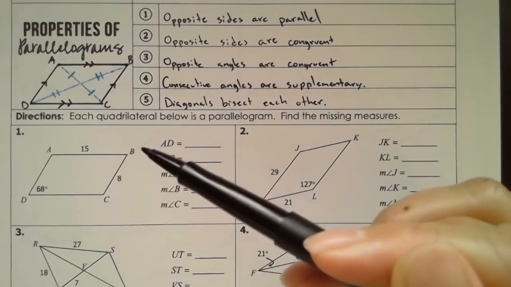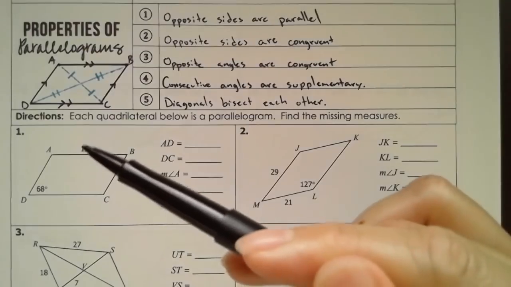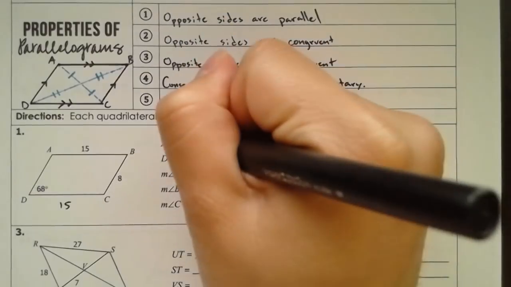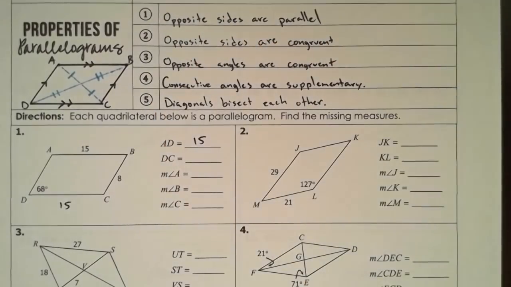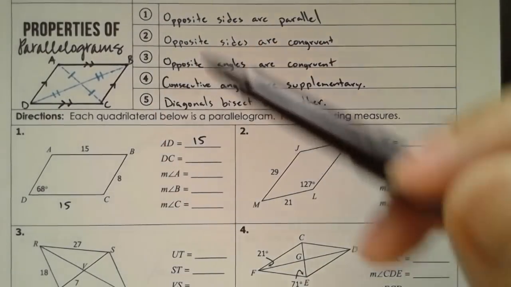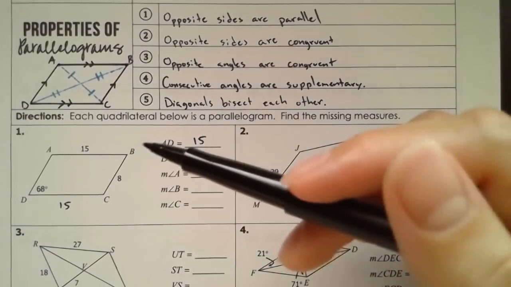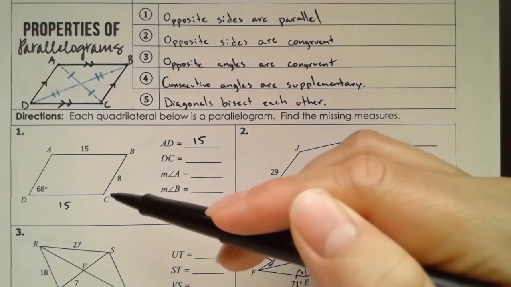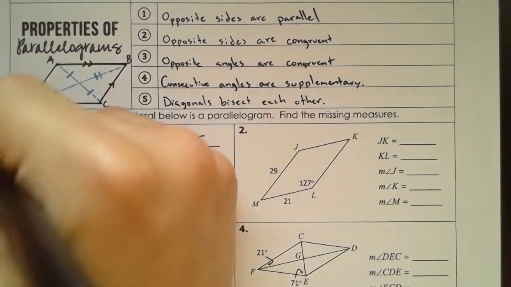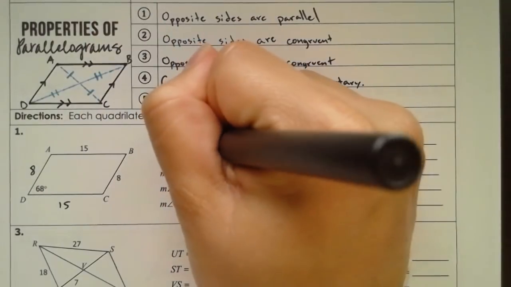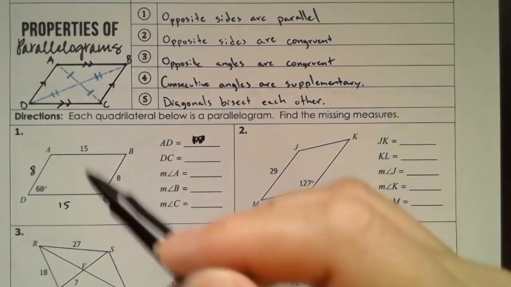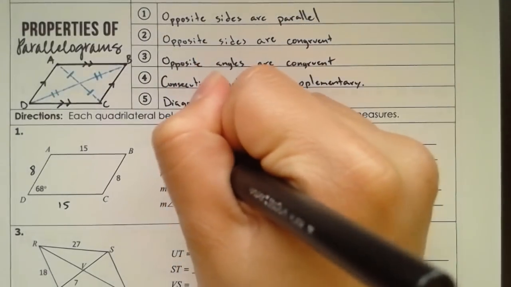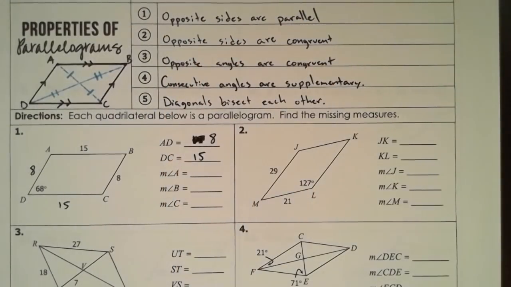So if AB is 15, DC, the opposite side here, is also 15. So the first one is 15. Whoops, AD is here. So if BC is 8, the opposite side here is also 8. I apologize for that. So then AD is 8 and DC is 15.